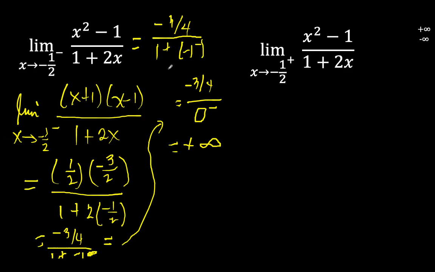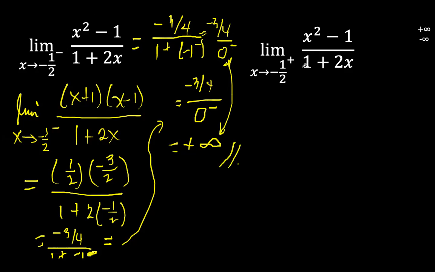So we will get negative 3/4 over values that are all negatives but getting close to 0. So we have negative 3/4 over 0, that's undefined, which is infinity, and negative divided by negative is positive. So we will have the same answer. So the limit of this function as x approaches negative 1/2 from the left is positive infinity. This is our final answer.